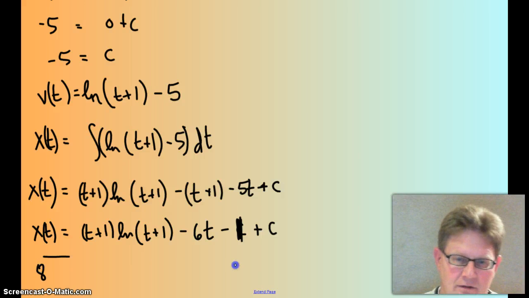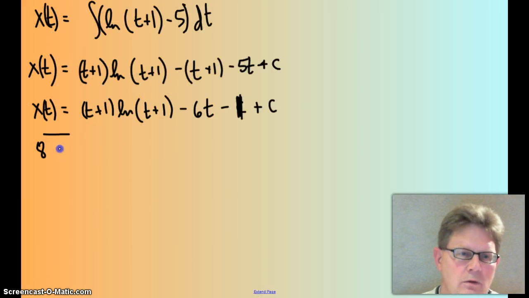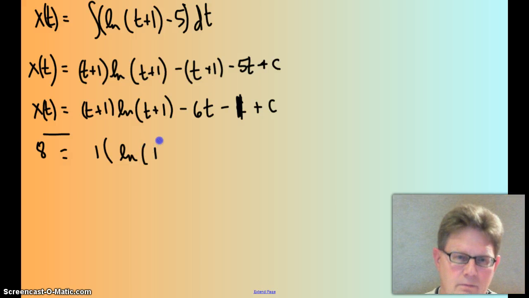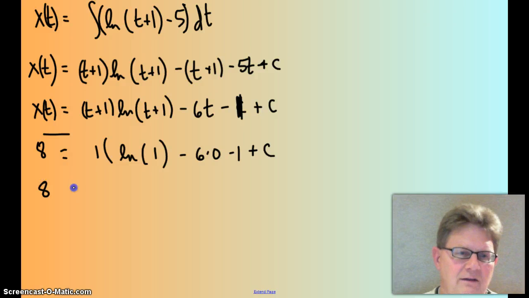So 8 equals 0 plus 1 is 1, times the ln of 1, minus 6 times 0, minus 1, plus c. 8 equals 0 minus 0 minus 1 plus c.